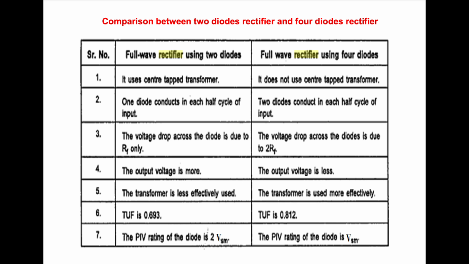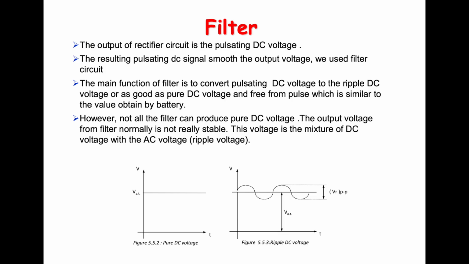And then the last one is the PIV rating of the diode is 2V for the full wave rectifier using 2 diode, and for the one with 4 diode, the PIV rating of the diode is V, only V, not 2V.